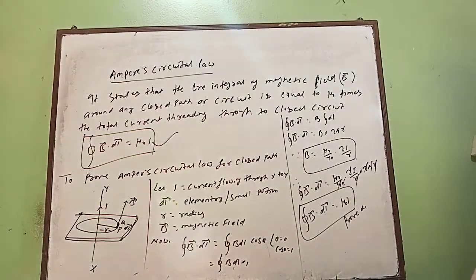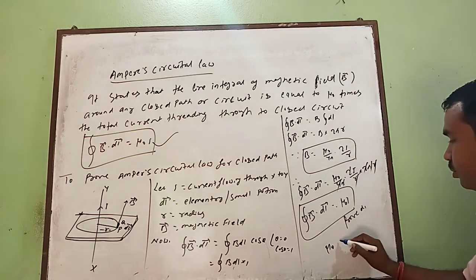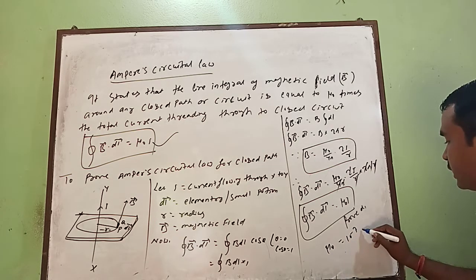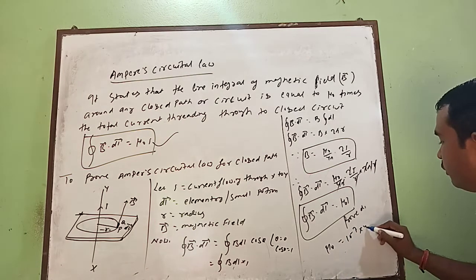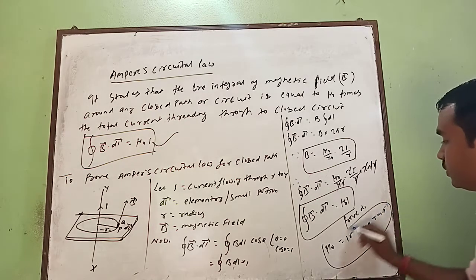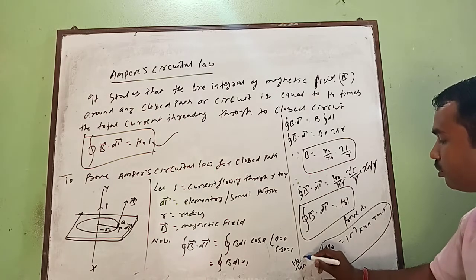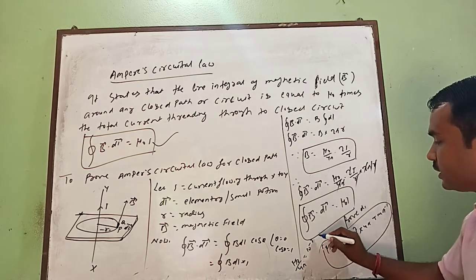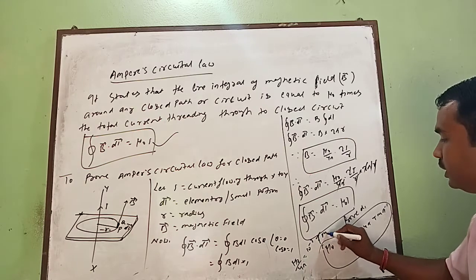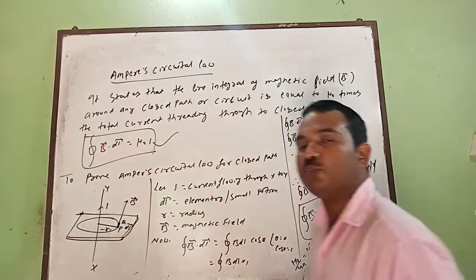Is it clear? What is the value of mu naught? Mu naught is equal to 4 pi into 10 to the power minus 7 Tesla meter per ampere. You should remember why: already we have discussed that mu naught by 4 pi is equal to 10 to the power minus 7 Tesla meter per ampere. You can cross multiply, so you will get the mu naught value.